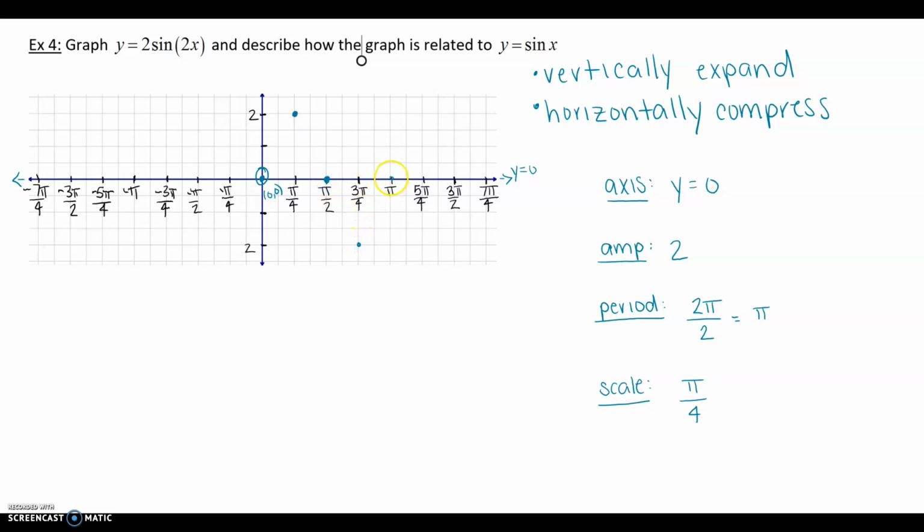Axis, min, axis, max. This can get very, like, robotic, I guess. Like, you just get used to doing it. But basically, the point I'm trying to make is just be careful.